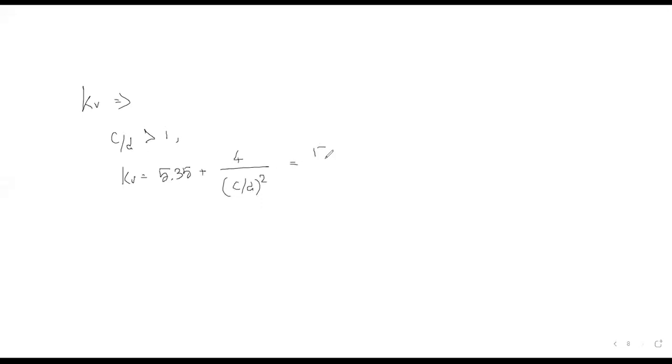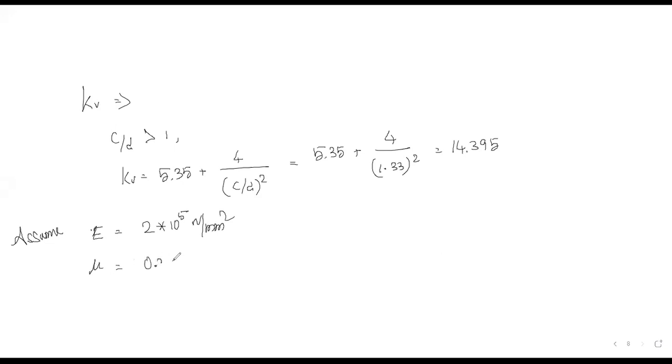So 5.35 plus 4 divided by 1.33 the whole square becomes 14.395. For the E value, we assume for steel structure 2 into 10 to the power 5 Newton per mm square, and Poisson's ratio mu is equal to 0.3.